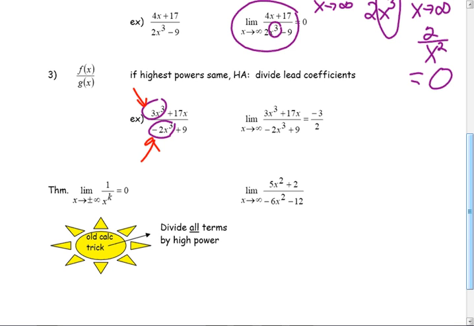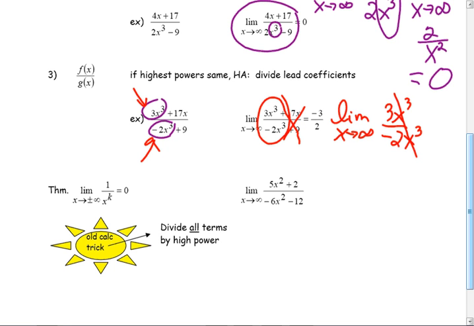I know there's an x here, but 10 trillion cubed is much bigger than the 17x. It's going to bother it a little bit at the end, but for the most part, I'm going to ignore that and just look at that. And so what is the limit as x goes to infinity of 3x cubed over -2x cubed? What's going to happen to these guys? They cancel. That's why it works. If you know why it works, then it's easy. Then it's -3/2.